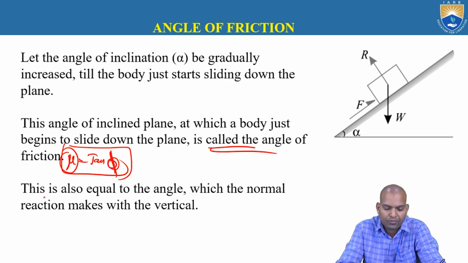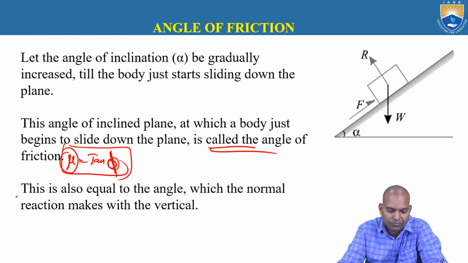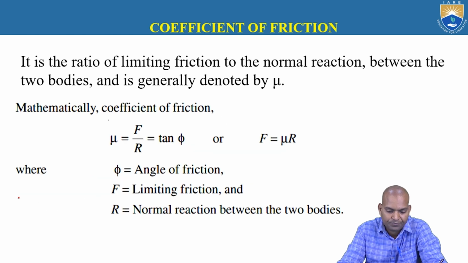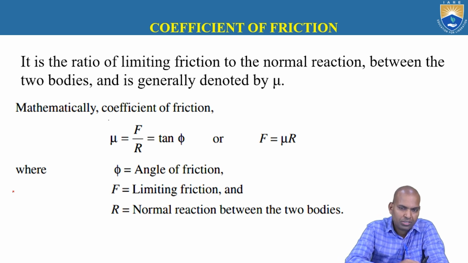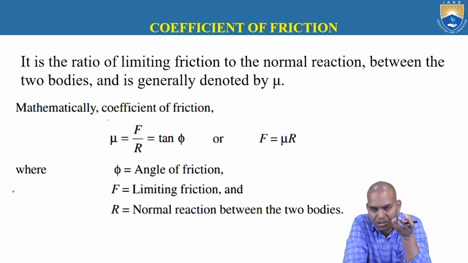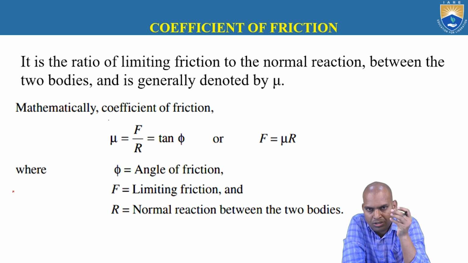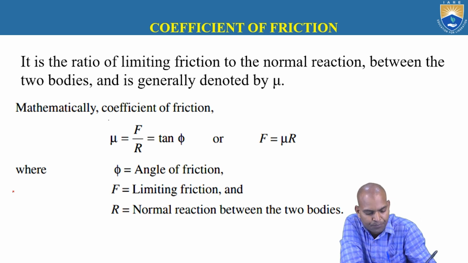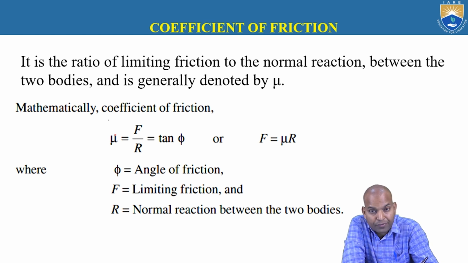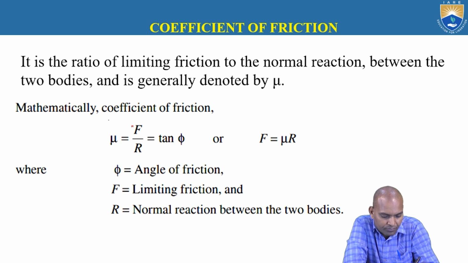This is also equal to the angle which the normal reaction makes with the vertical. Now, mu equal to tan phi means what? The coefficient of friction is also expressed as mu equal to F by R, where F is the maximum frictional force or limiting friction.